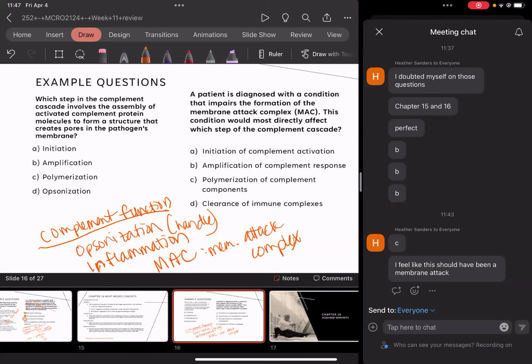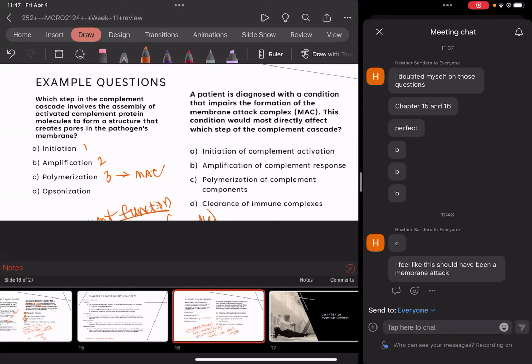Right. And so that's the big picture of it, right? So when we are doing our membrane attack complex, complement function, in order to get to membrane attack complex, we first have to initiate, then amplify, then polymerize into the MAC.